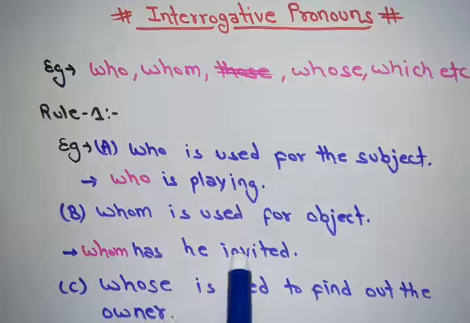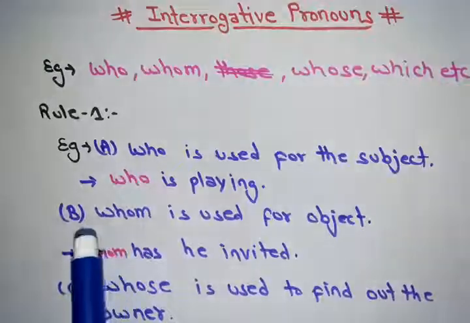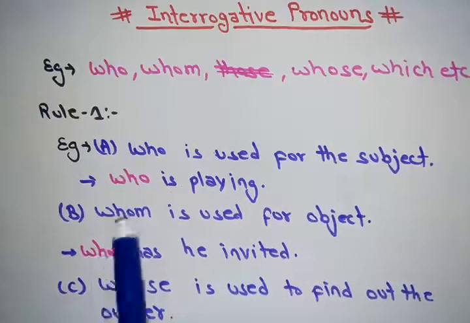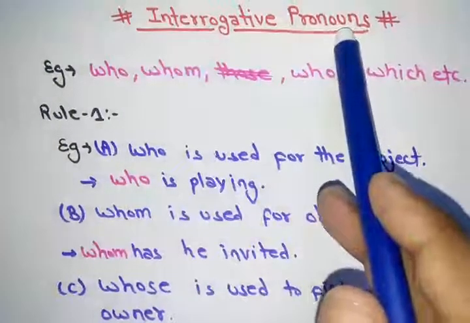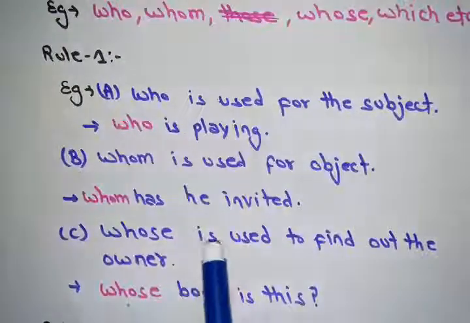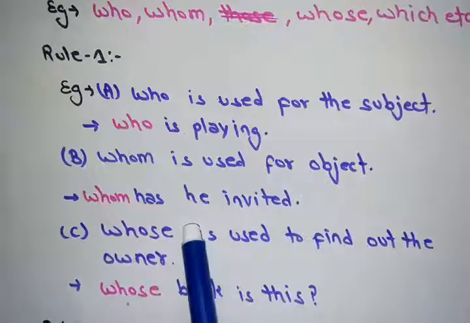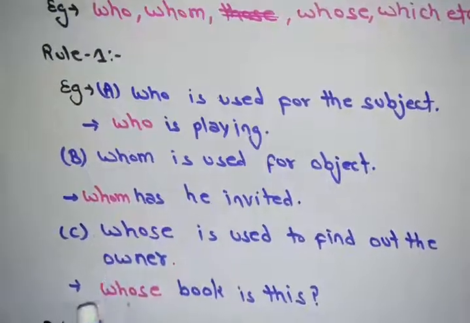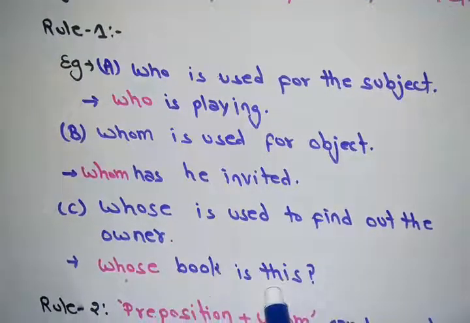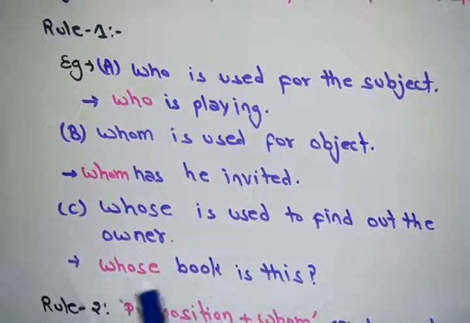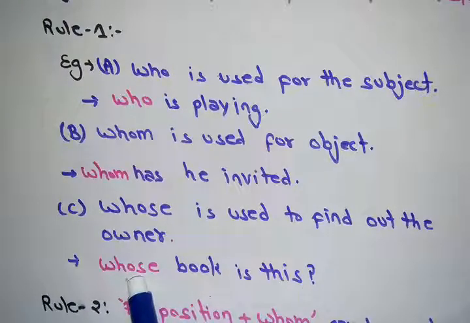Whom has he invited? Here whom is an object, but it's also an interrogative pronoun. Third, whose is used to find out the owner. For example, whose book is this? So whose shows the owner here.